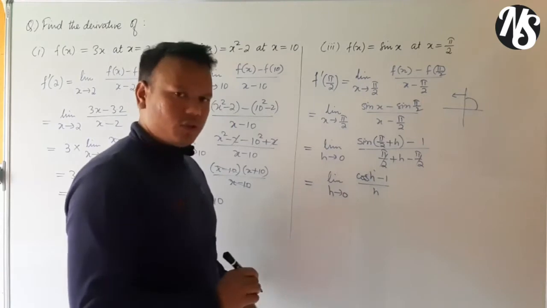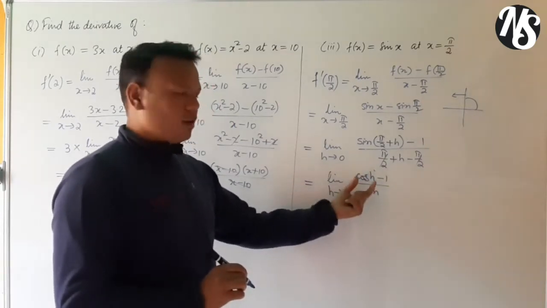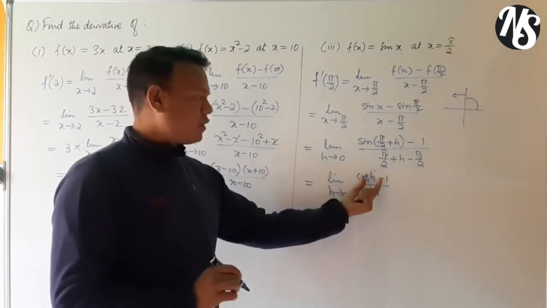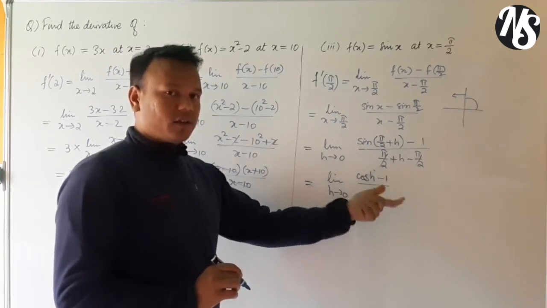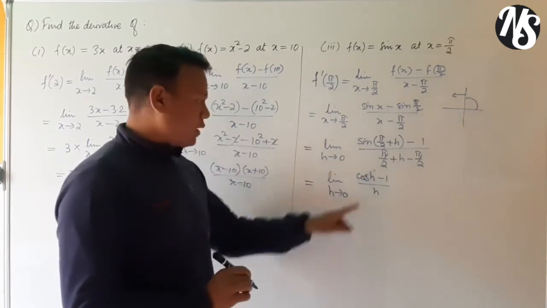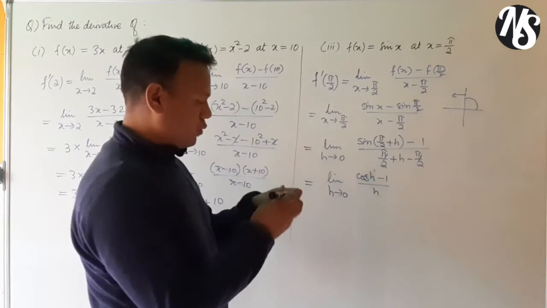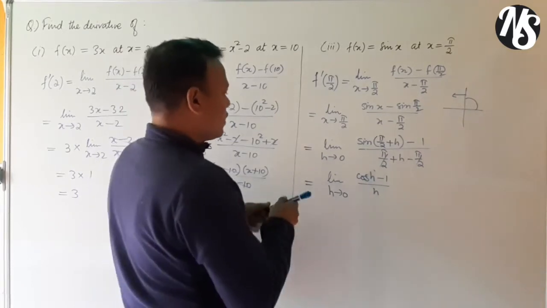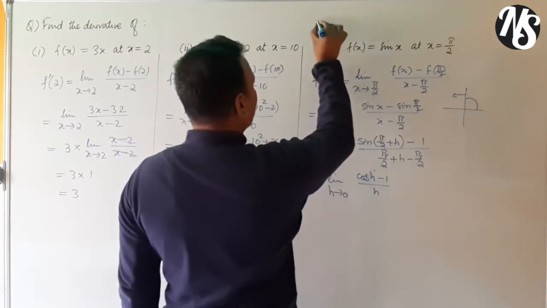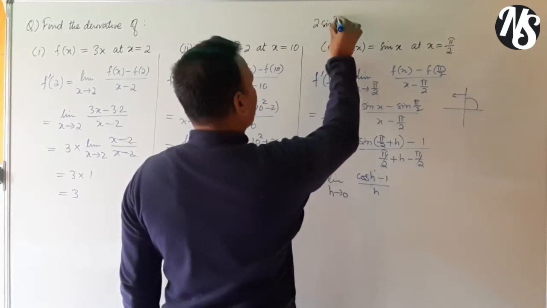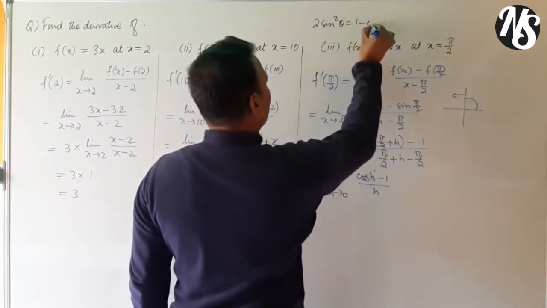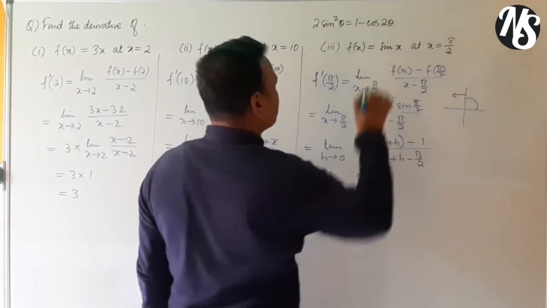Now you know what to do here? Whenever you see this, you will try to convert it into half angle. You remember half angle? So you use this formula here: you know that 2 sine square theta is equal to 1 minus cos 2 theta, isn't it?